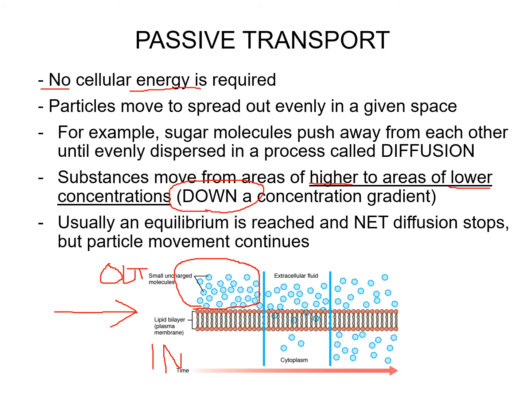Then as time lapses along this x-axis, you can see that the high concentration starts moving down towards the lower concentration, and at the end we have about a 50% sharing of these molecules. So we started from a high concentration, and those molecules went to the lower until they were even.